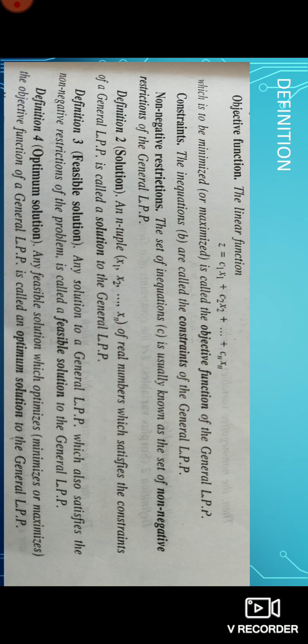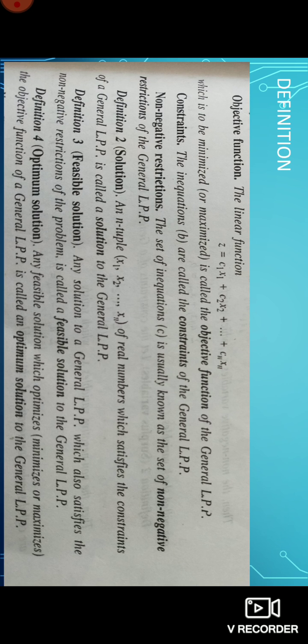The set of inequations, equation C, is usually known as the set of non-negative restrictions of the general linear programming problem. Next definition, solution: an n-tuple, that is, n variables x1 to xn of real numbers which satisfy the constraints of the general linear programming problem, is called a solution of the general linear programming problem.